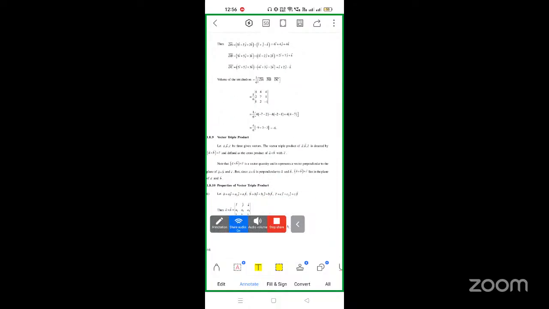Now the vector triple product. Let A, B, C be three given vectors.